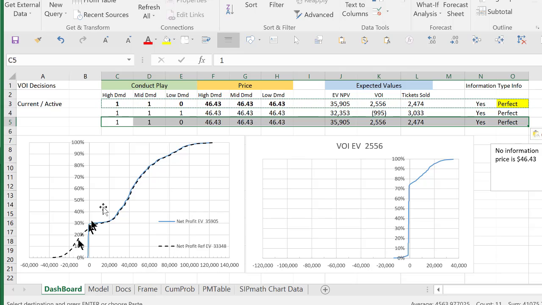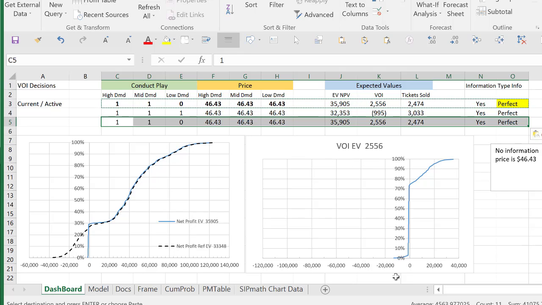Once again, let's look at these charts. Now, if I don't develop, low demand happens 30% of the time, so 30% of the time I get 0, except I incurred the cost of the survey. So it's a minus 1,000 here. And then basically I follow this line going up the reference case, except I incurred $1,000.